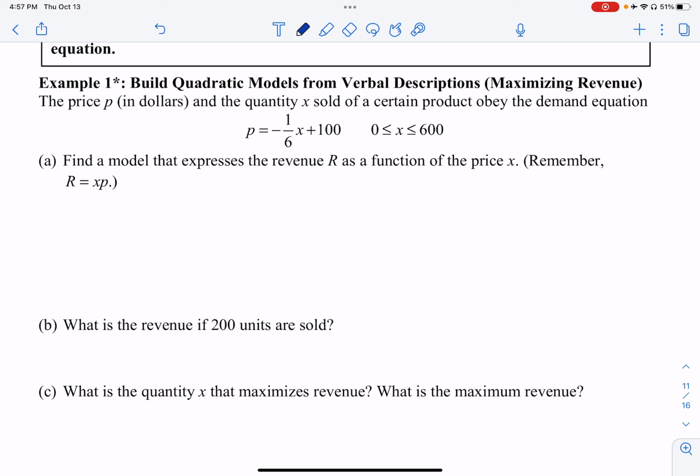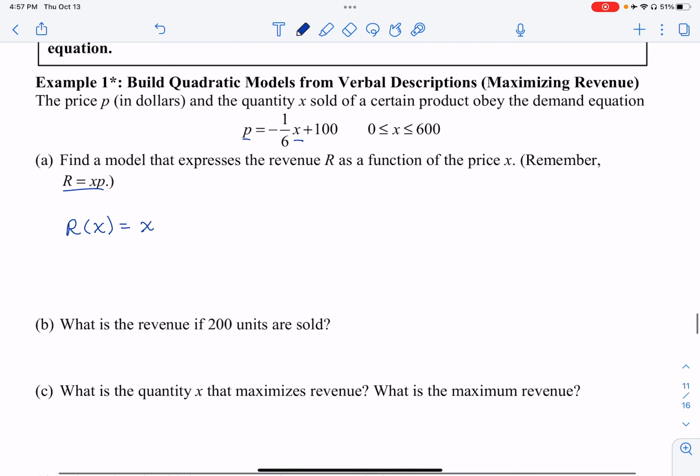We want to find a model that expresses the revenue as a function of the price. So remember we had R equals XP. Since we have P in terms of X, we can find R as a function of X, which is equal to X times P, and I'm going to substitute in negative 1/6 X plus 100.